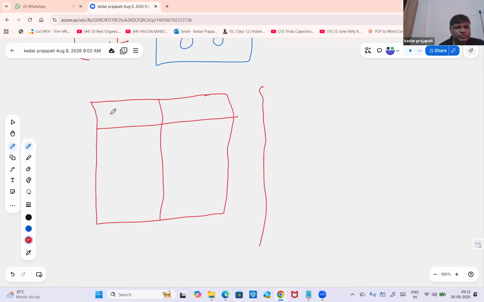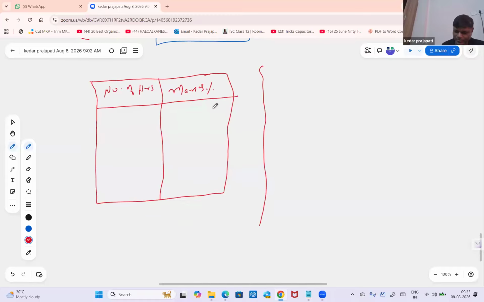So suppose this is the number of hours a student studies, study hours, and this is marks in percentage.